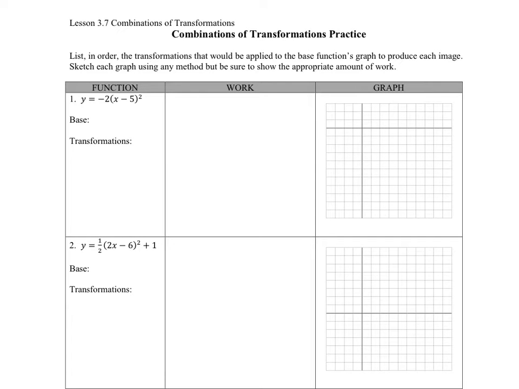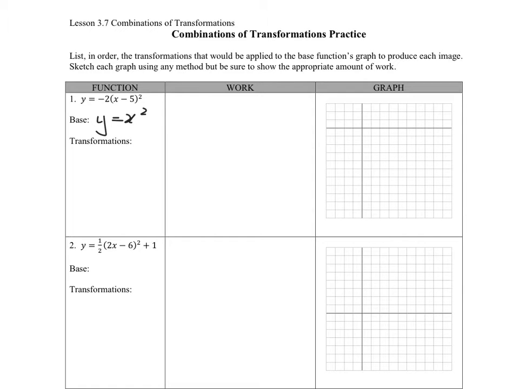For this first example, I'm going to use the method of the origin step pattern. So we have our base function as f of x equals, or y equals, x squared.